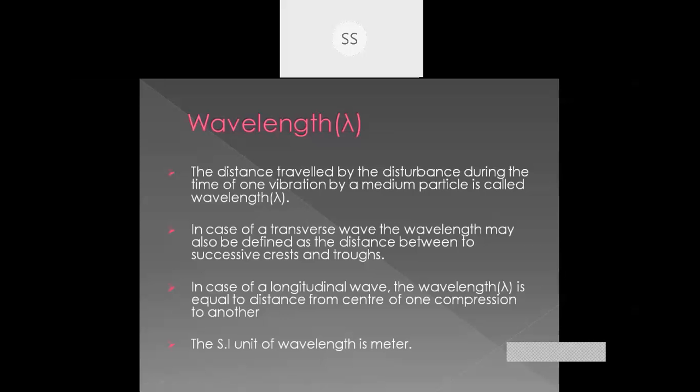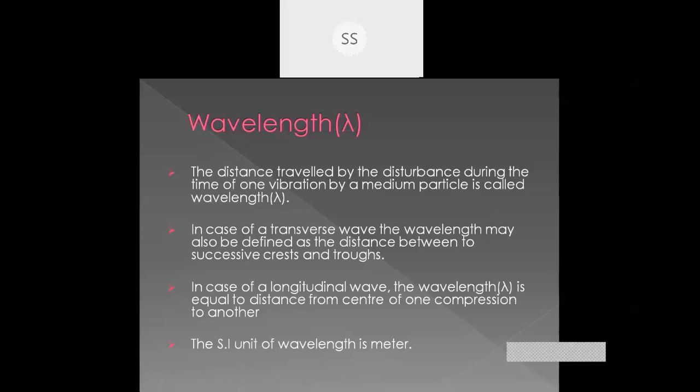So the distance traveled by one particle during one vibration is called the wavelength of the particle. Wavelength can be different in different types of waves.